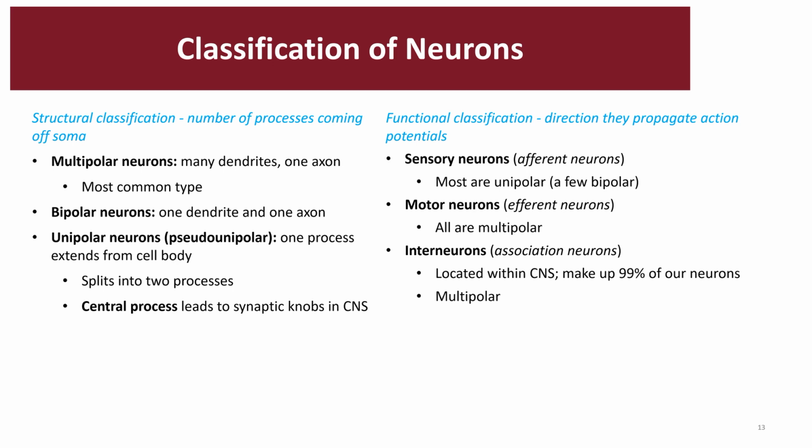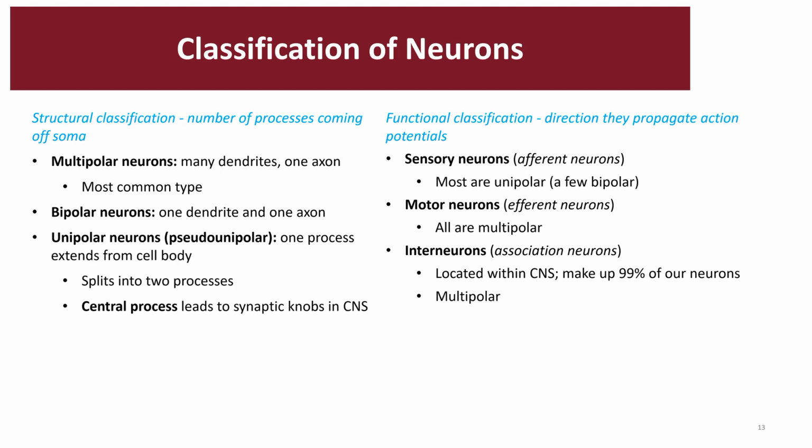These unipolar neurons are also sometimes referred to as pseudo-unipolar because they start out as bipolar, but their two processes fuse together. Most of the sensory neurons are considered in this category.